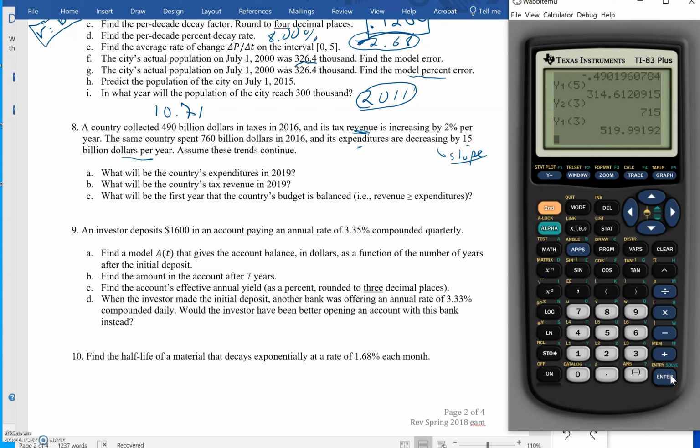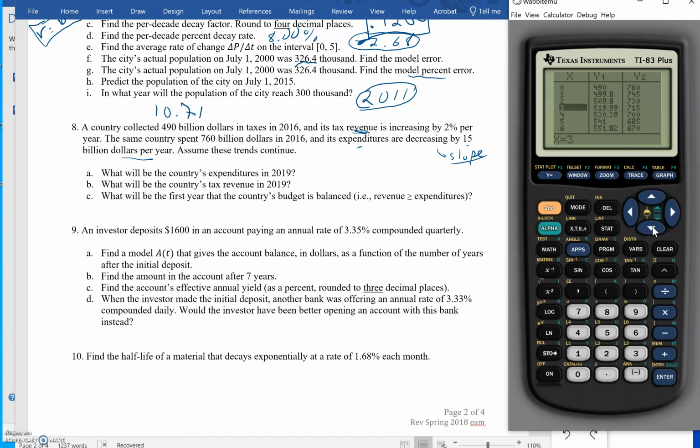And then for question C, when will be the first year when the country's budget is balanced? For that one, I'm going to go to the table and look for, actually, let me go back to time 0. And what we're looking for is, notice that column Y1 is increasing, column Y2 is decreasing, so we're looking for the point when these two pass one another.